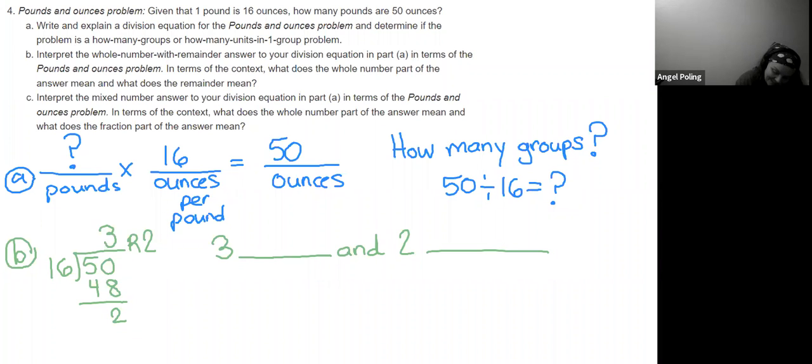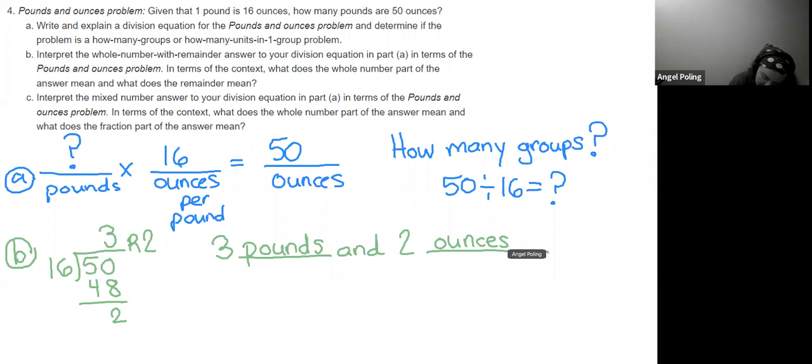So 16 ounces per pound was what we were taking out, and we were trying to find how many pounds that we could make through that repeated subtraction, right? And so we've got 3 pounds, but then we have a leftover amount of ounces.